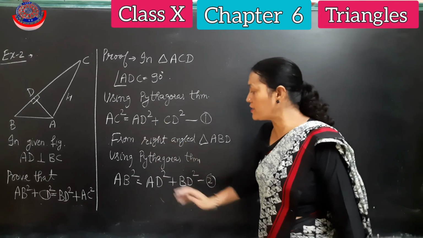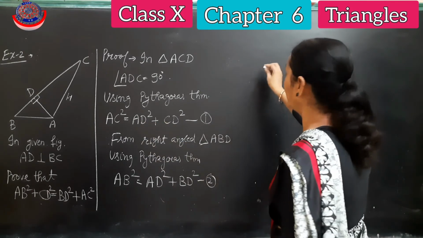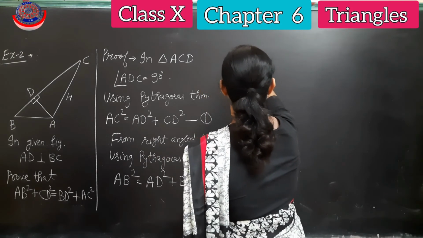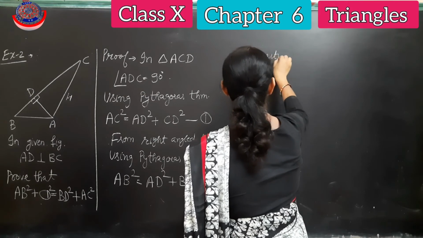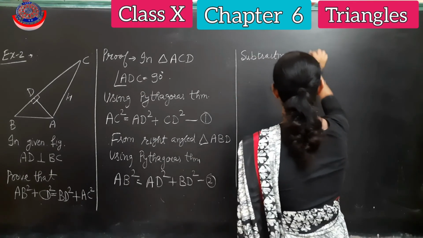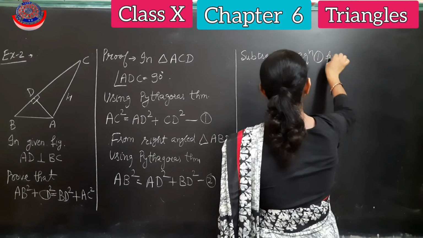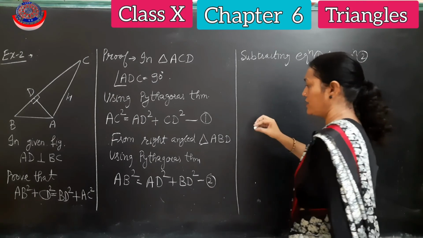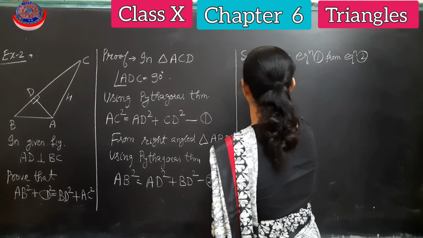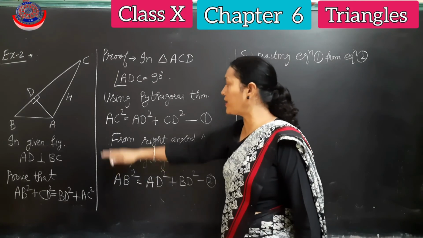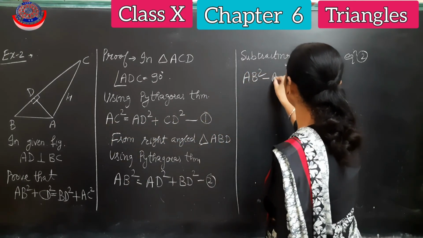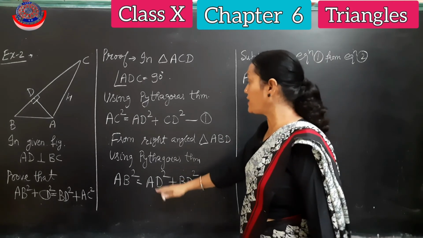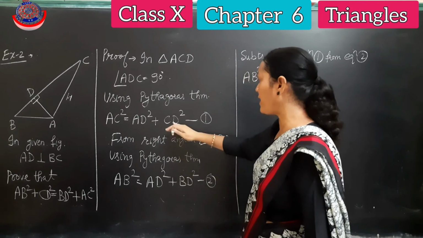So if I subtract these two results, subtracting equation number 1 from equation number 2, we'll be having AB square minus AC square equals to, AD square will get cancelled, BD square minus CD square.